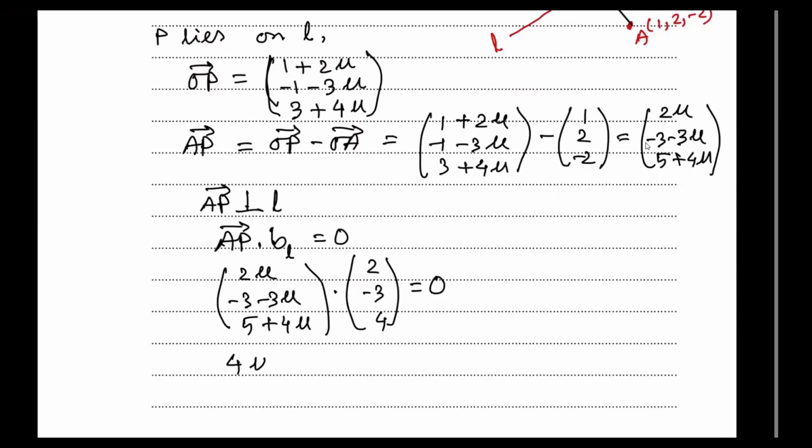So 4 mu plus 9 plus 9 mu plus 20 plus 16 mu equal to 0.